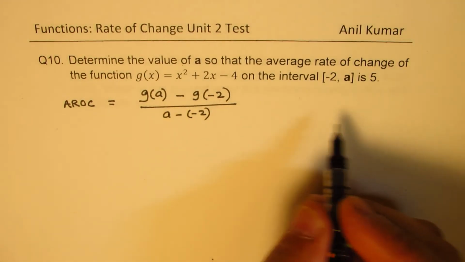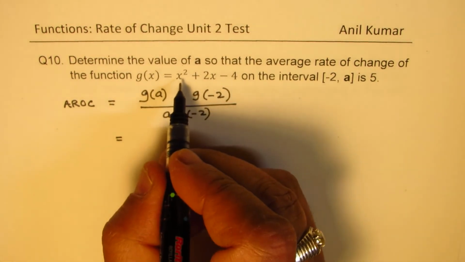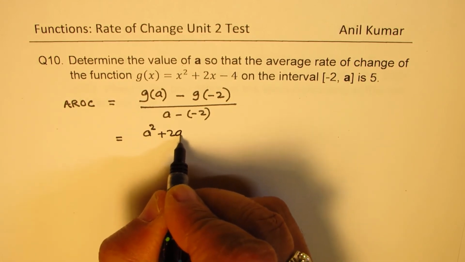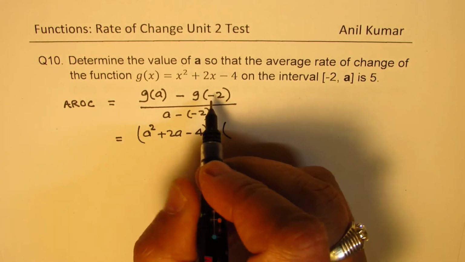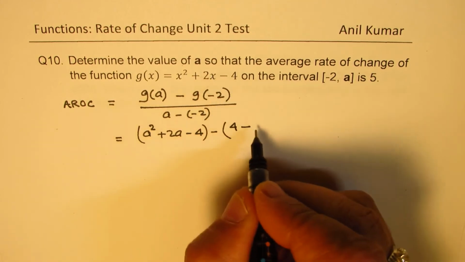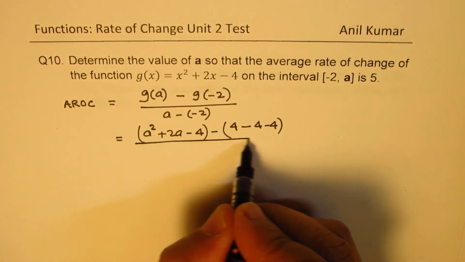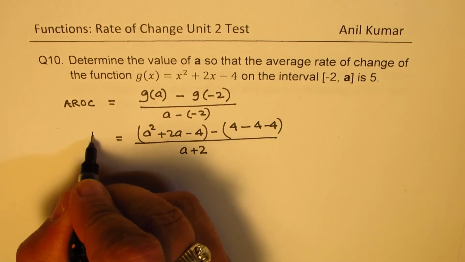So substituting the values, we get here a squared plus 2a minus 4, minus, substituting minus 2 here, we get 4 minus 4 minus 4, correct? Divided by a plus 2. And we are given this as 5.